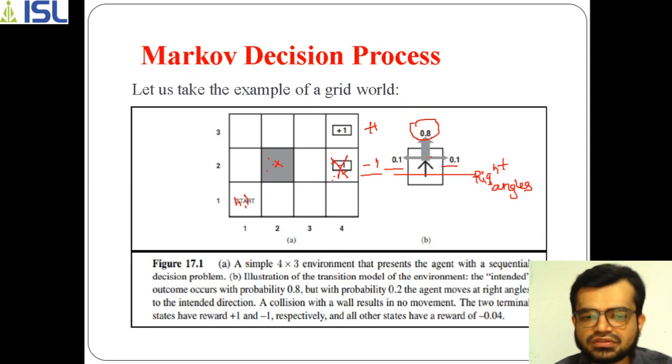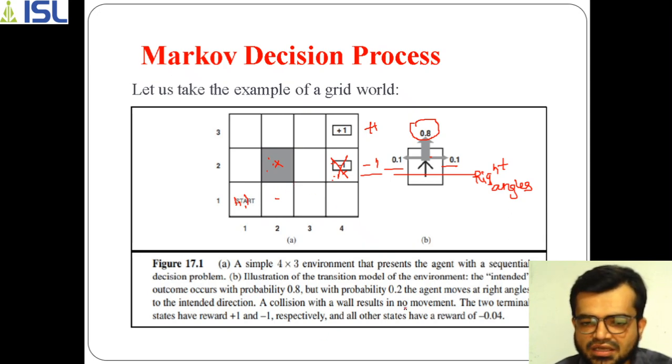If you observe this, it is a stochastic environment, which means the agent doesn't know by which path it can reach the final destination. So in every state it has to observe what will happen if it goes in a direction and what reward it will get, because moving from one state to another gives a reward.